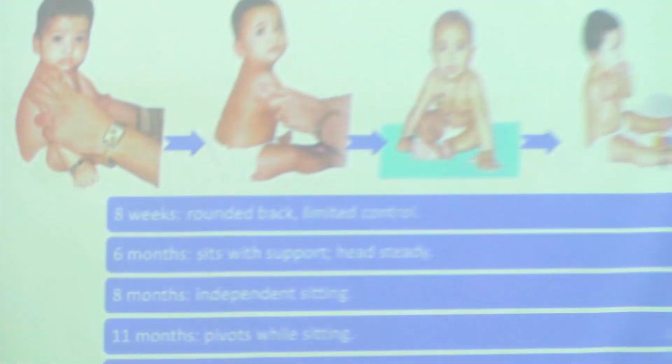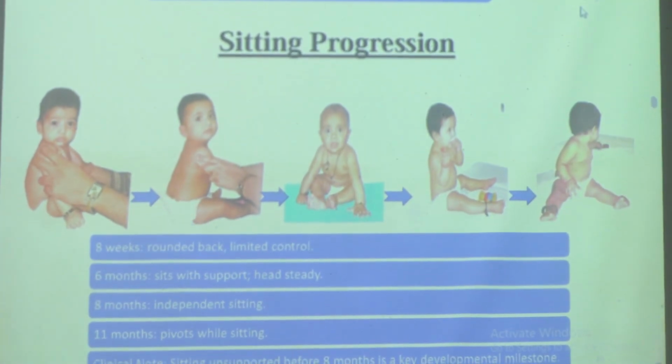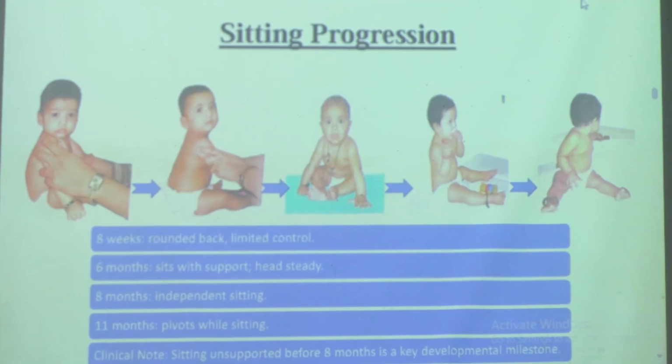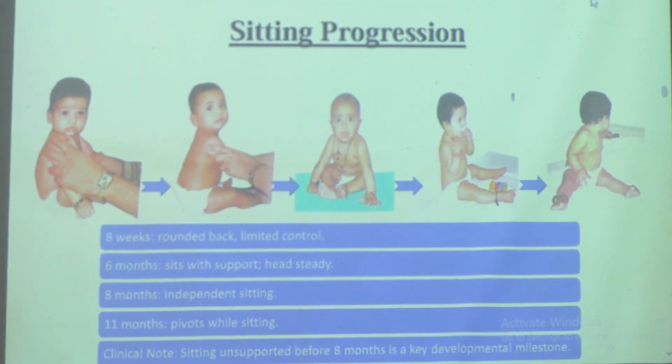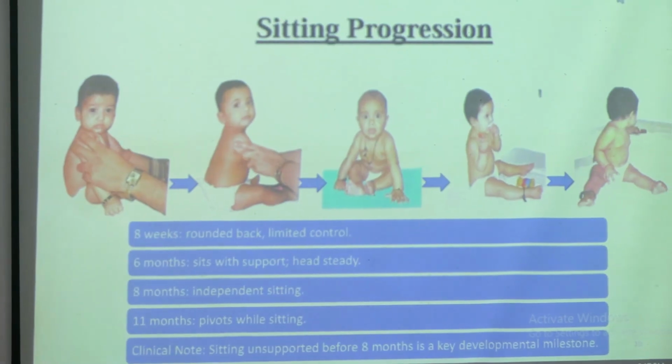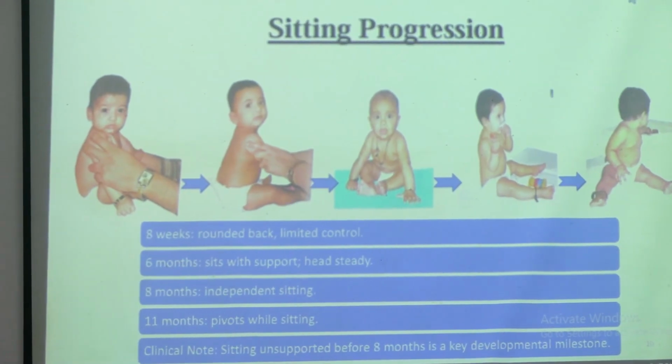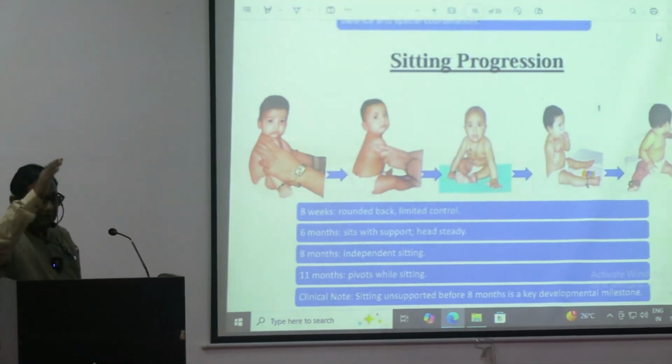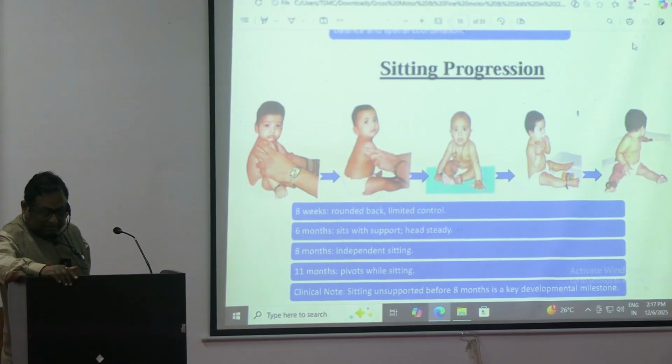Then comes sitting. Then examine for sitting. Initially, at 8 weeks, if you make the baby sit, the baby will sit, but there will be rounding of the back. The back will not be straight. You understand?